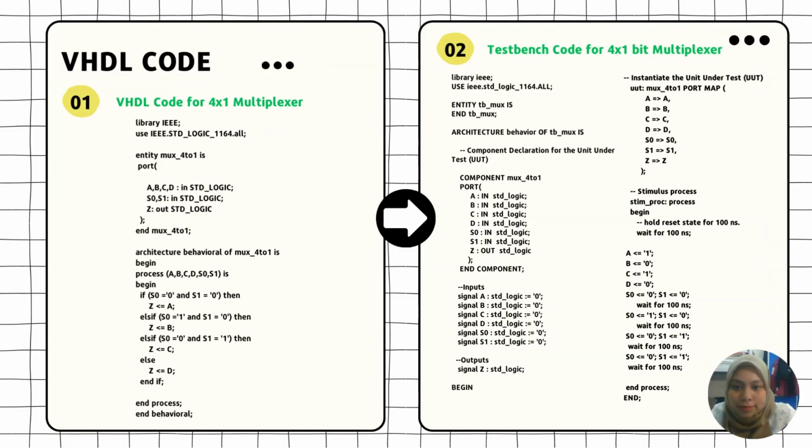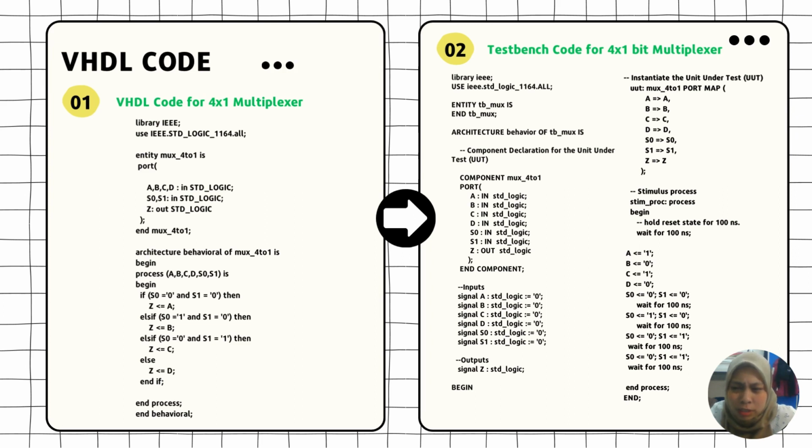Okay, for the VHDL code, firstly is the VHDL code. The provided VHDL code defines a 4 to 1 multiplexer with four data input lines, which are A, B, C, and D, and two control signals, S0 and S1.